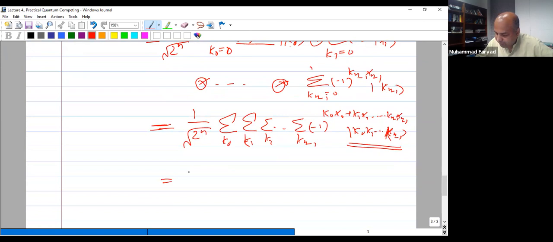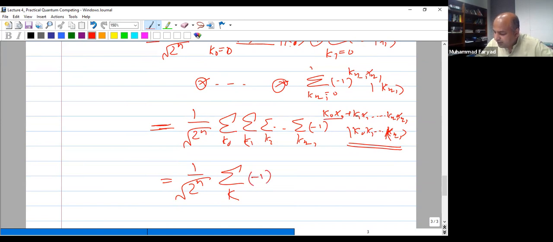So let's now introduce another compressed notation, because this will be helpful later on, because we will be using this Hadamard transform again and again. So these compressed notations will make our life easier. So I can write just this sum over k. This sum over k really means sum over k naught, k1, k2, etc., k n minus 1.